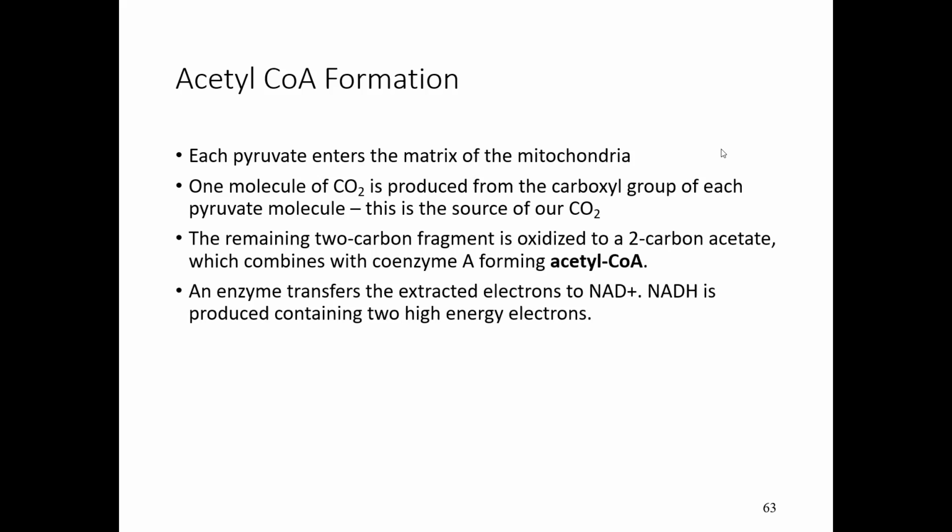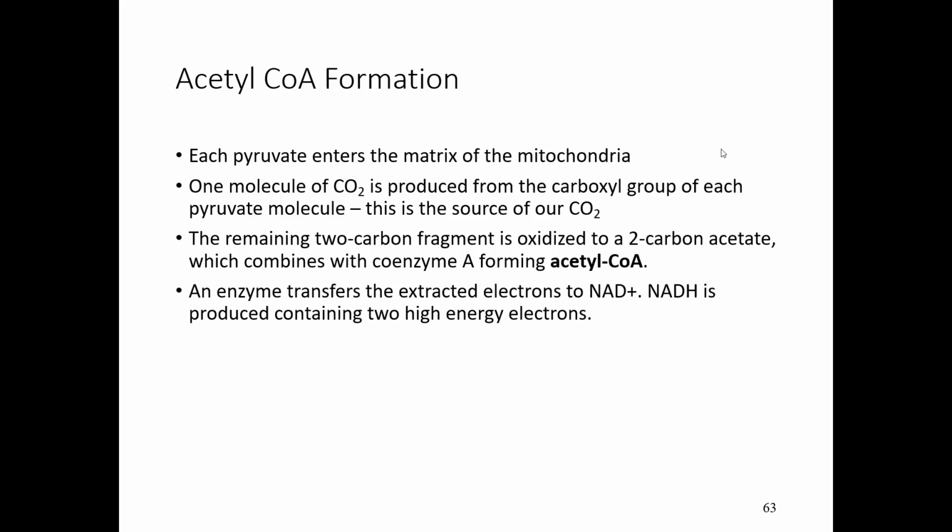What's more important than the small amount of ATP that glycolysis and the Krebs cycle are making is the capture of high energy electrons. That's what the Krebs cycle does. It will capture high energy electrons, and that's more important than anything else it does.